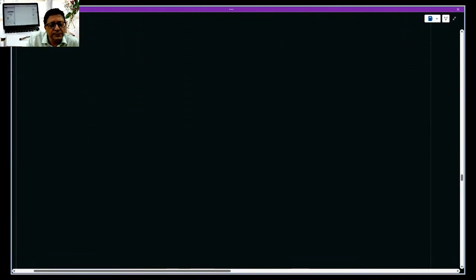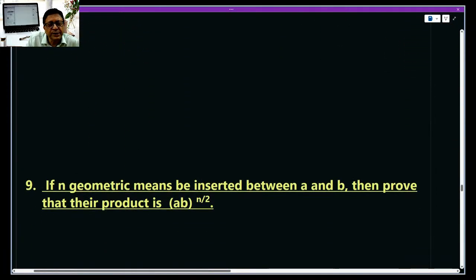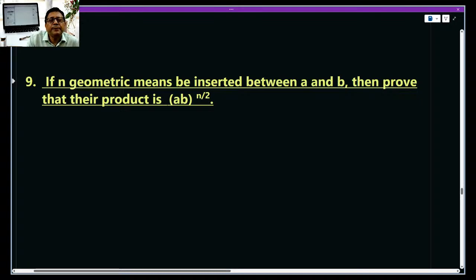Let us go for the next problem. If n geometric means are inserted between A and B, then prove that their product is AB to the power n by 2. N geometric means are inserted between A and B. This sum was partly done by me in the previous session. Isn't it?